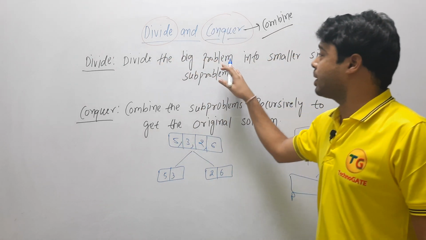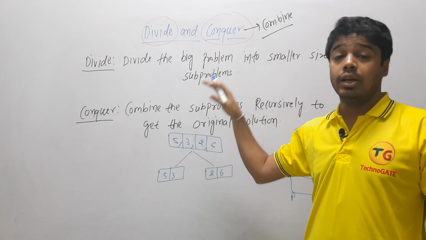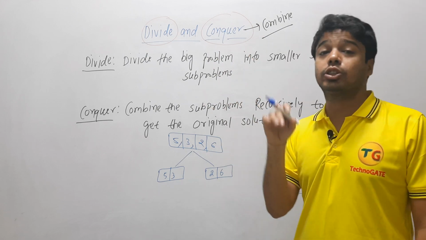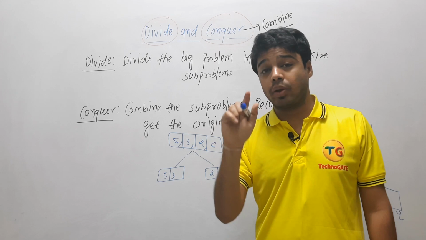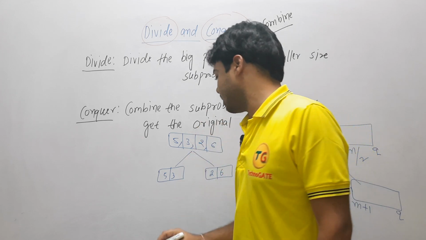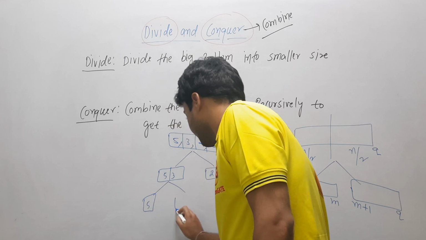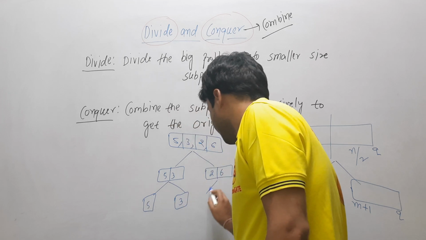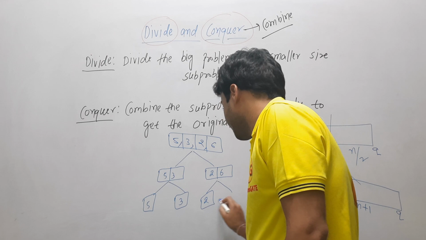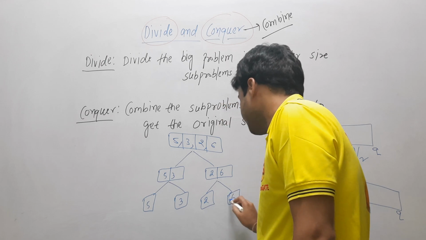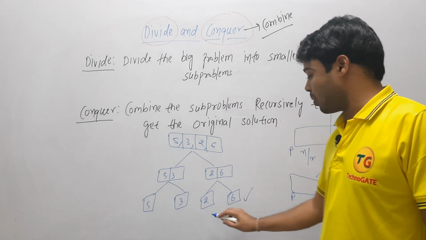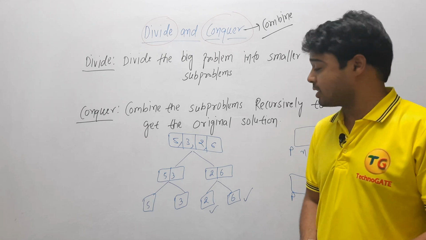So divide this big problem into smaller size sub problems. A problem becomes smaller when only one element remains. So again it divides: here 5, here 3, here 2, here 6. So this is a smaller size sub problem.